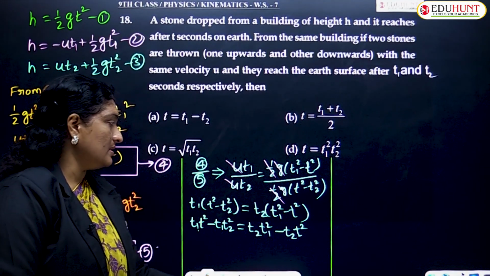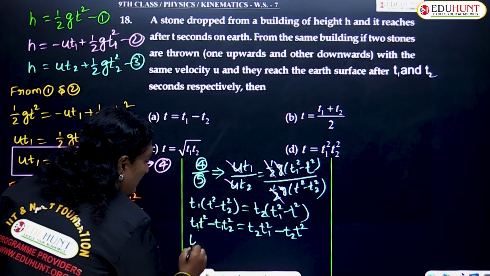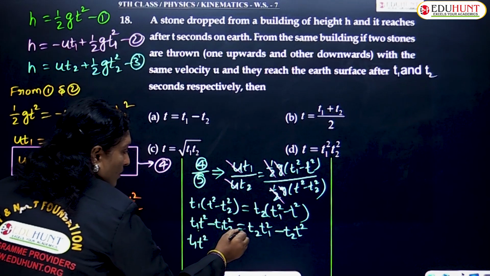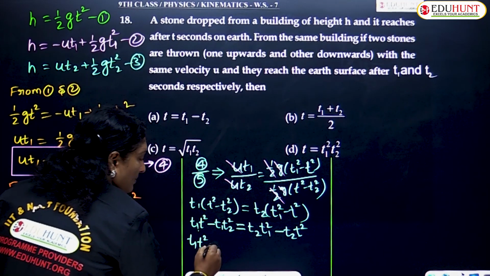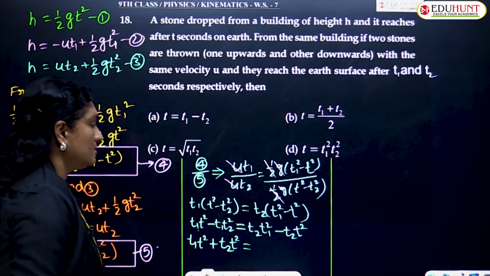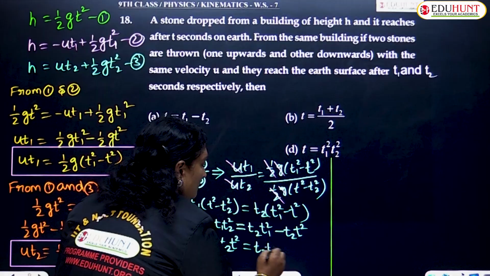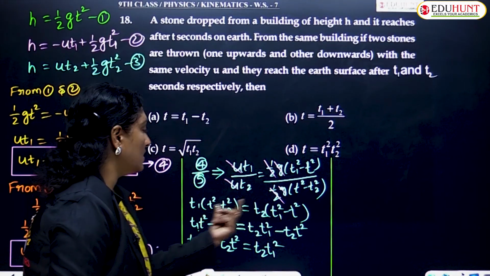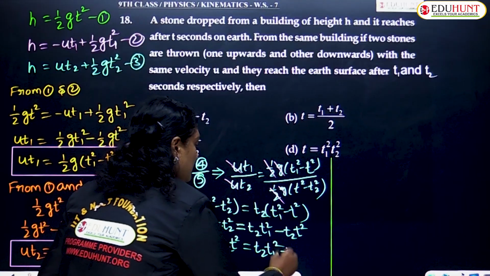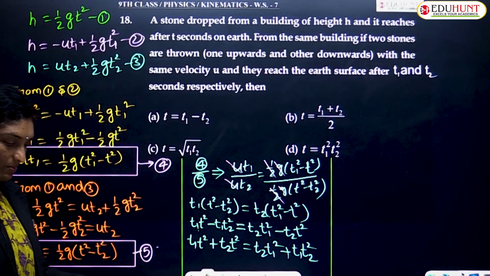Bringing this term across, the minus becomes plus: t1 t square plus t2 t square equals t2 t1 square plus t1 t2 square. Clear?